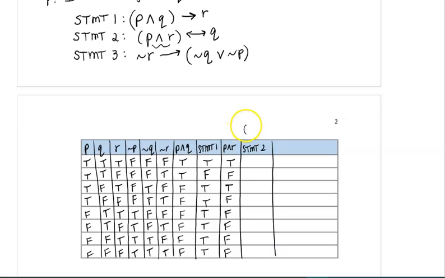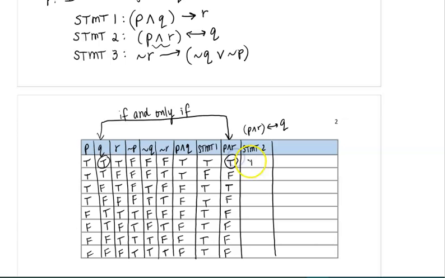So recall that statement 2 is if P and R, if and only if Q. So we're creating a biconditional statement between the Q column and the column that we just created. If and only if statements are true when both statements have the same truth value.